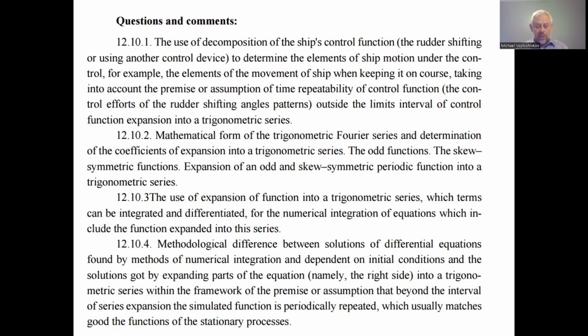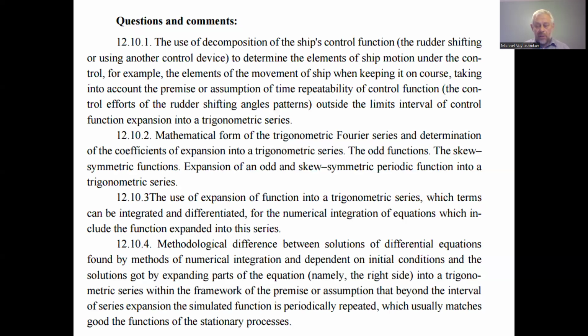12.10.3, the use of expansion of a function into a trigonometric series, with which terms can be integrated and differentiated, for the numerical integration of equations which include a function expanded into this series. Sometimes we cannot integrate or differentiate non-analytical functions, maybe functions of an impulse nature, as it could be for the controls of a ship when keeping the ship on a straight course.